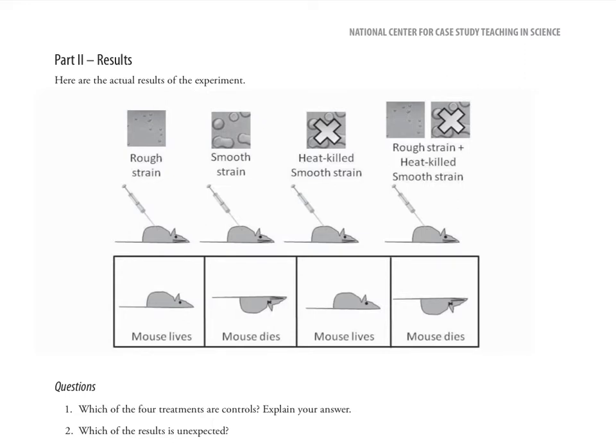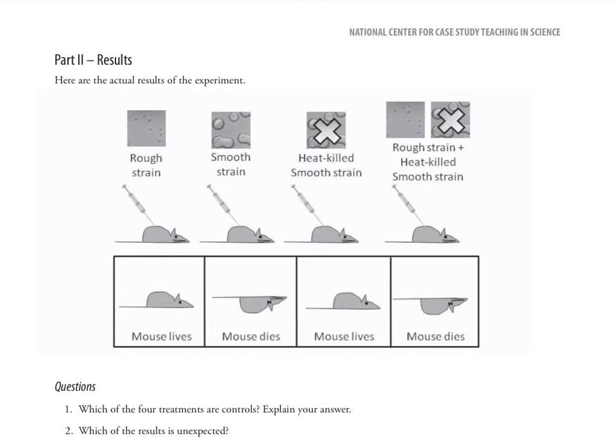That's what I want to see in that space that's underneath the chart where you put mouse lives or mouse dies. What was your thinking? Because it's your thinking that's important here. You're told the rough strain would probably not kill them, so hopefully you put mouse lives. But if you put mouse died, why did you do that? And that's what's important in this particular part of the case study.